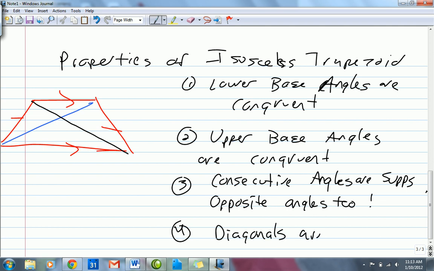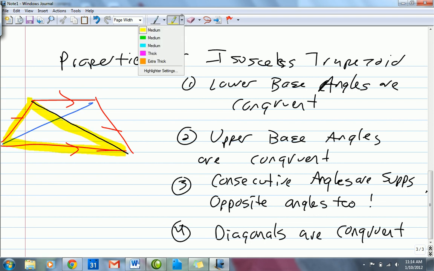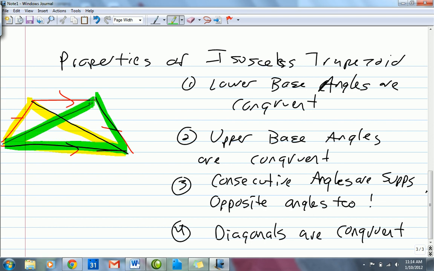And the reason they're congruent is, again, because of corresponding parts of congruent triangles. And these would be my congruent triangles, that triangle and this triangle here. Okay? And so therefore the diagonals would be congruent.